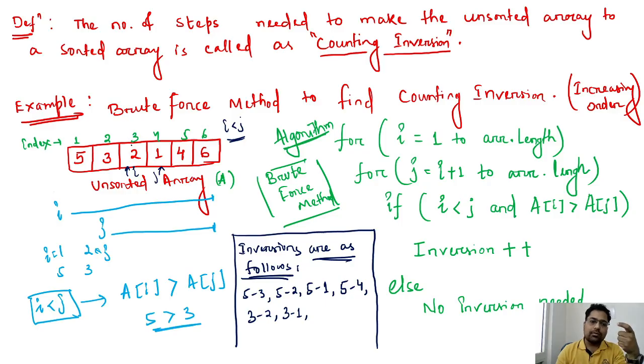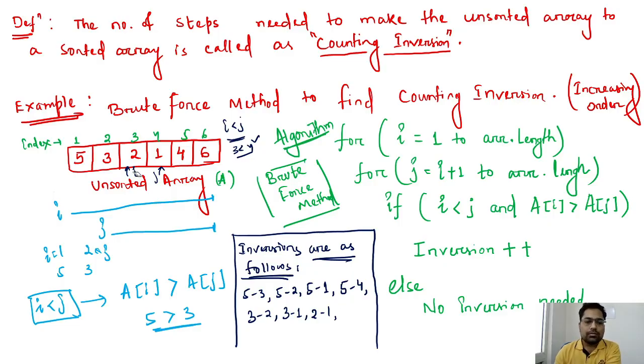Here I value, ith index is 3, jth index is 4. So we know 3 is less than 4. This condition satisfies. Next we have to check whether a of I is greater than a of j or not. If yes, then you write inversion is needed.